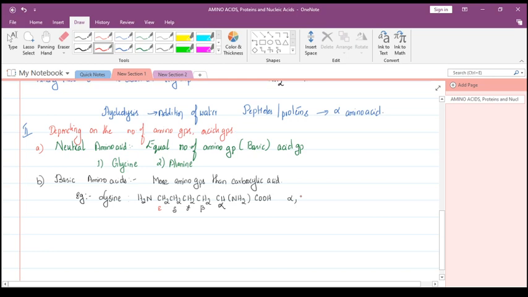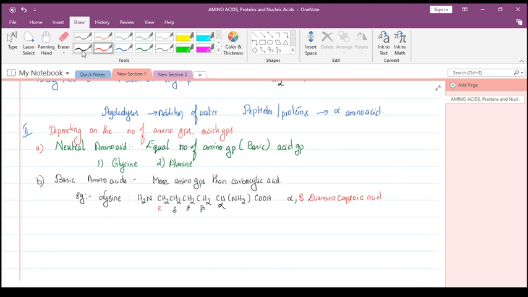So alpha, epsilon diamino, because there are two amino groups, so it is called diamino caproic acid.